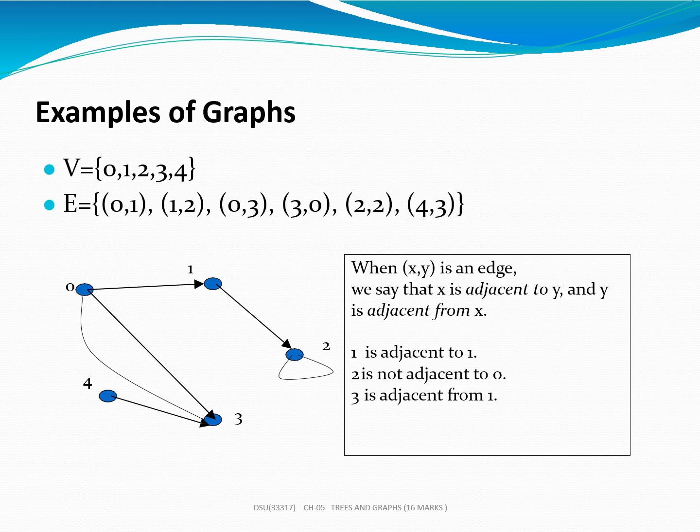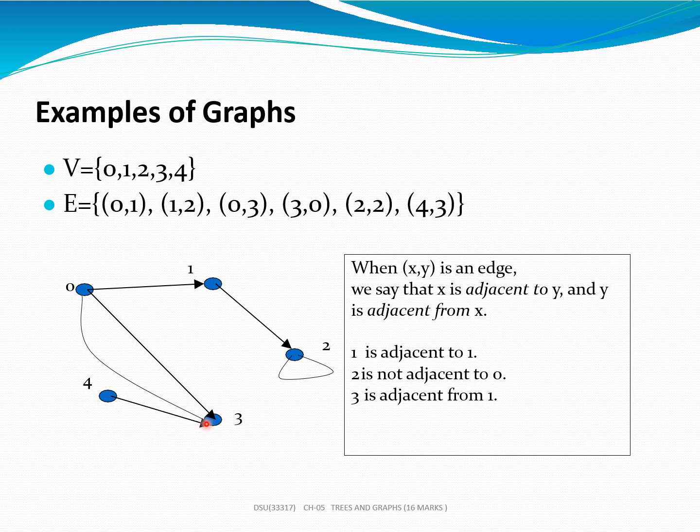So, an example of a graph. V is equal to {0, 1, 2, 3, 4}. And the edges are (0,1), (1,2), (0,3), (3,0), and (2,2), this is a loop, and (4,3). Okay.